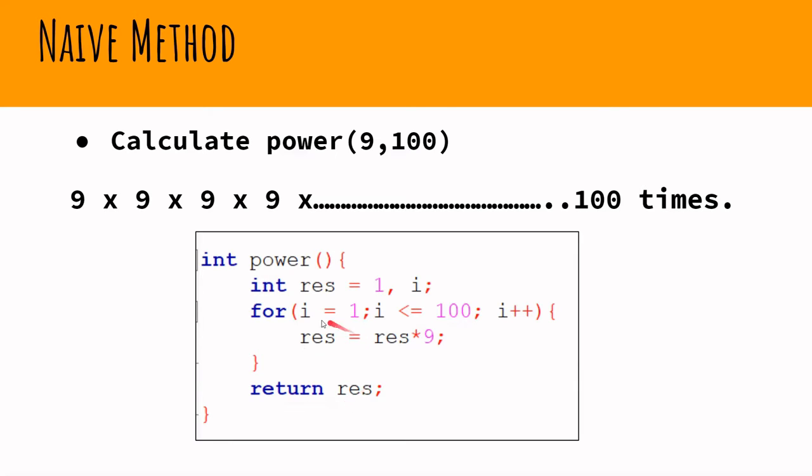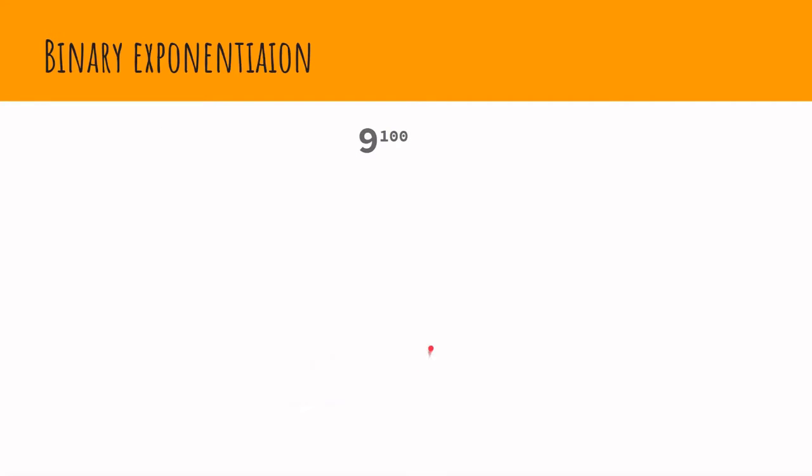This for loop runs 100 times, so we are performing this multiplication operation 100 times just to calculate 9 to the power 100.